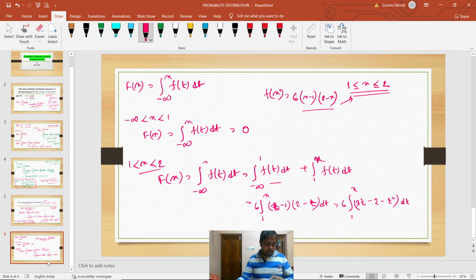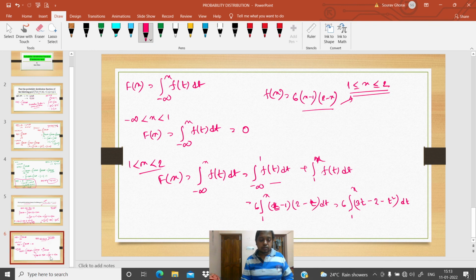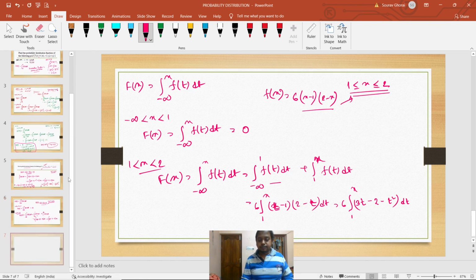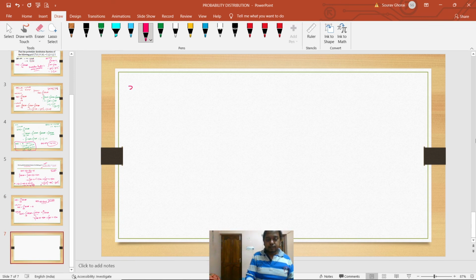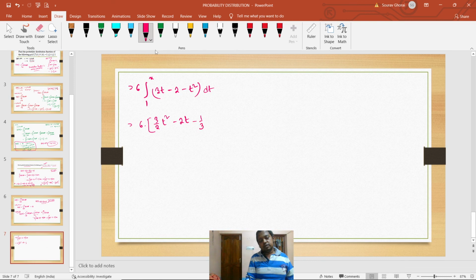Now we have to integrate this one. So how can we solve it? We have to solve this integration, so here I create a new slide. We get 6 into the integral from 1 to x of 3t minus 2 minus t square dt. If we simplify, that is 6 into 3 by 2 t square minus 2t minus 1 by 3 t cube from 1 to x.